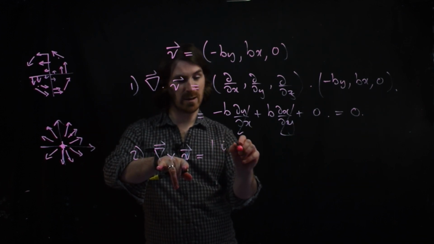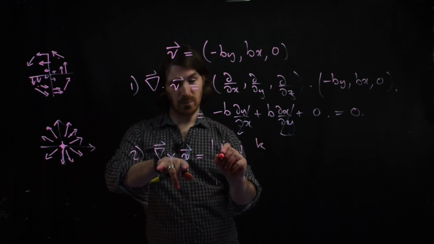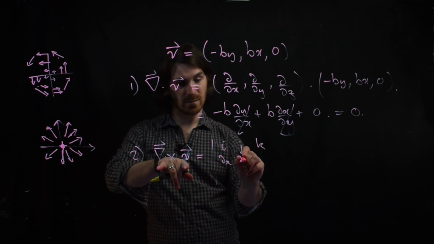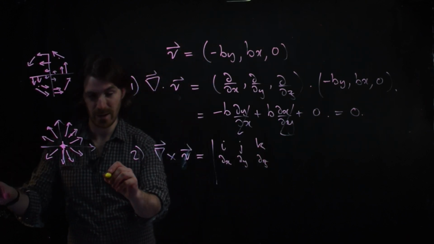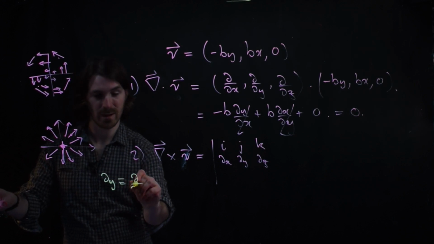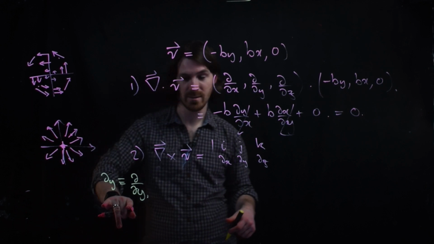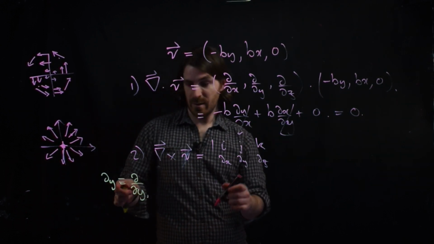So let's think about the determinant form. I'm going to write dx, dy, dz, and here I'm writing dy to mean d/dy, just because I'm being lazy and I don't want to write d/dy all the time, or d/dx, d/dz.